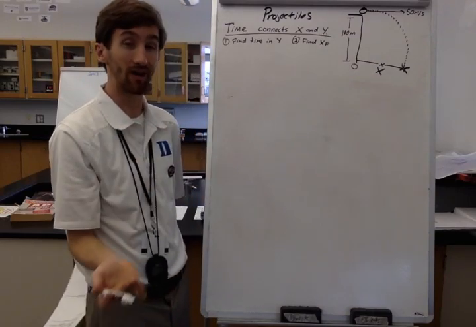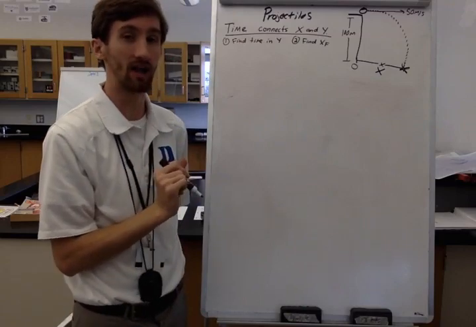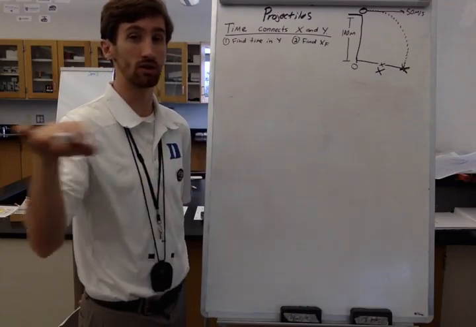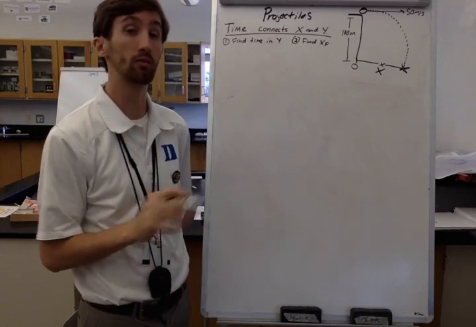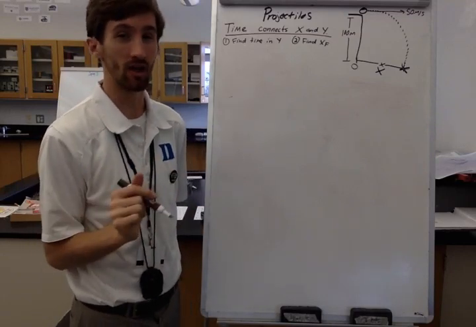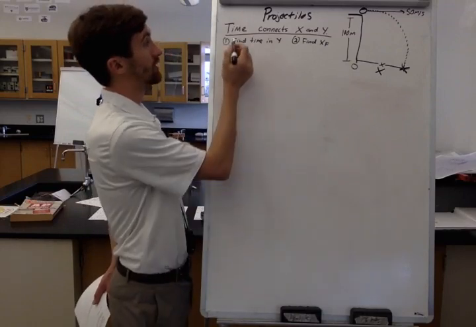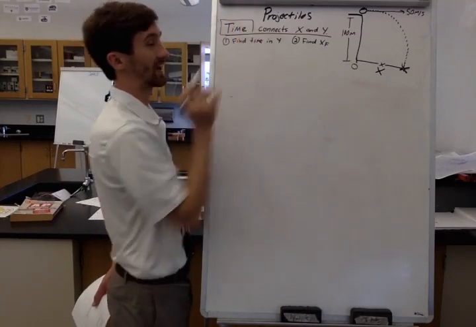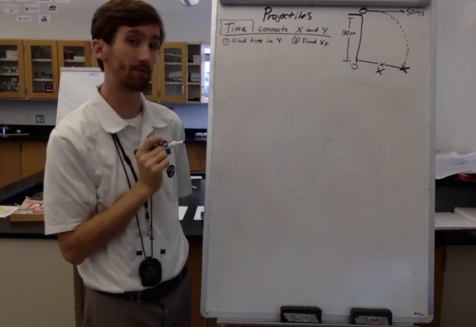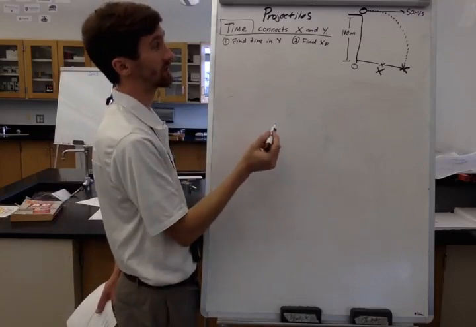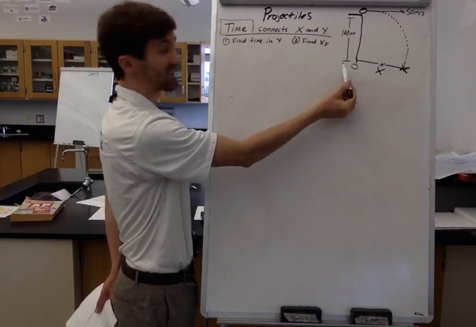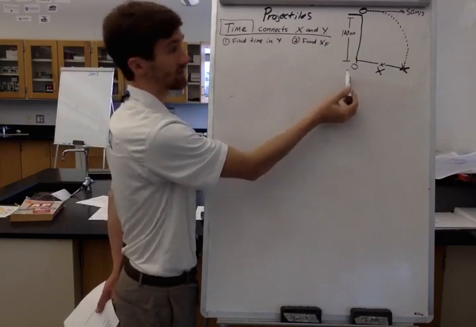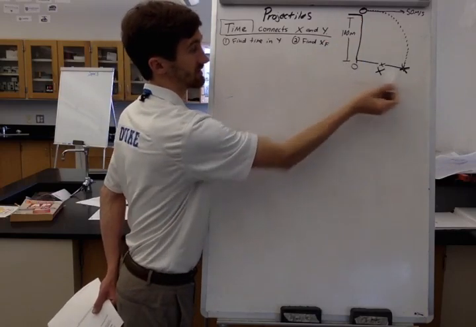Now, we talked about in class how all the motion in the x direction and all the motion in the y direction are completely independent. They don't hang out. But there is one thing that connects them: the time. The time it takes for the ball to fall this 100 meters is the same amount of time it takes to go this distance x.